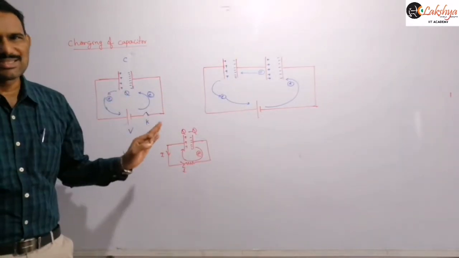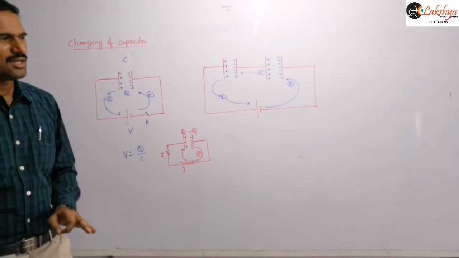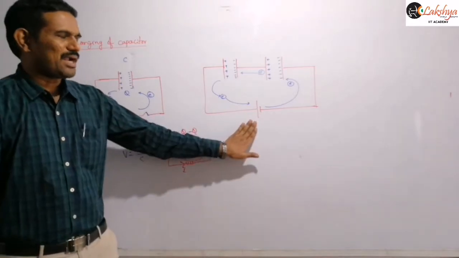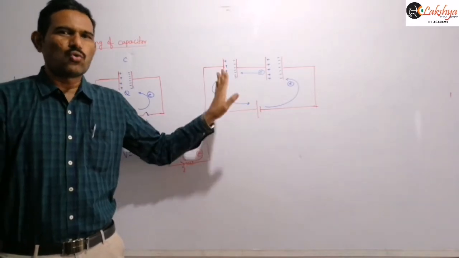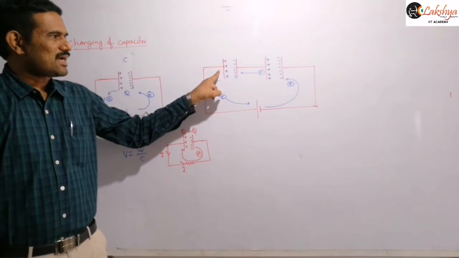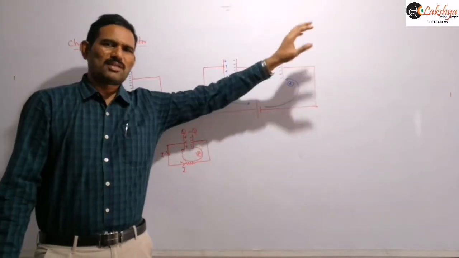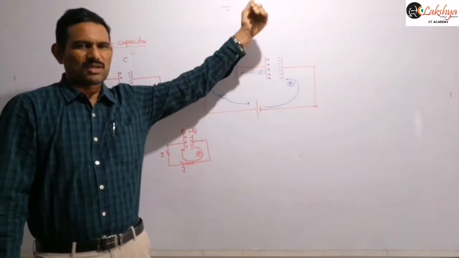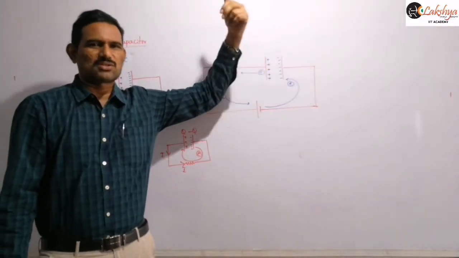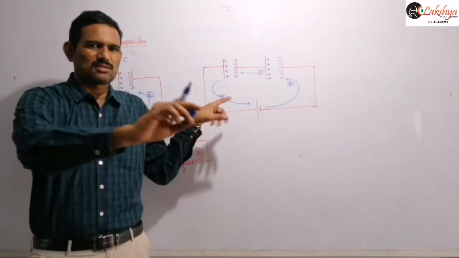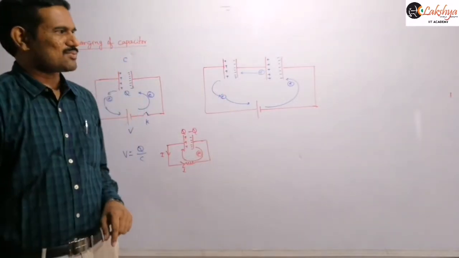In this case, the important thing you should observe is that this battery can supply the charge only to the starting and ending plates, whatever the number of capacitors may be. You may connect 3 capacitors or 4 capacitors or 100 capacitors in a line, which we call series combination.